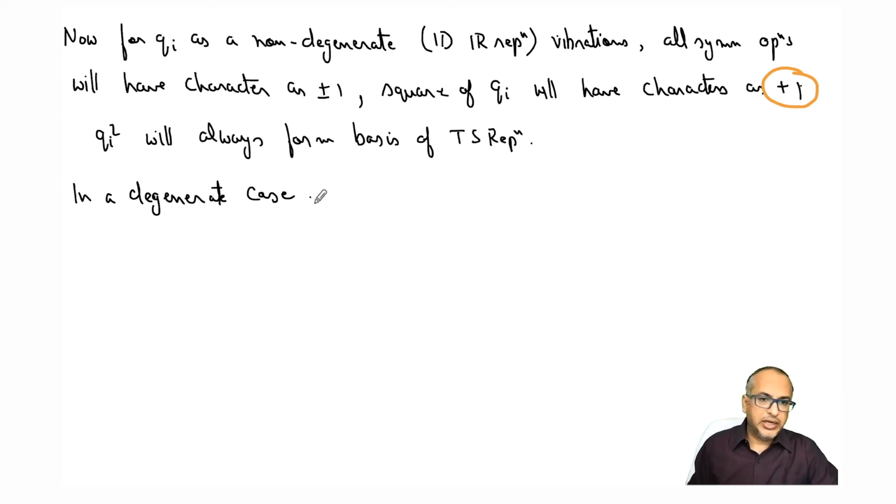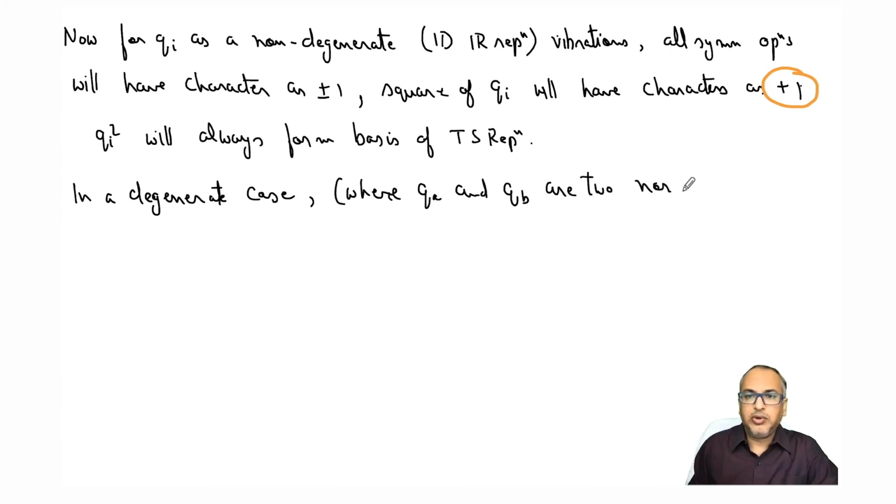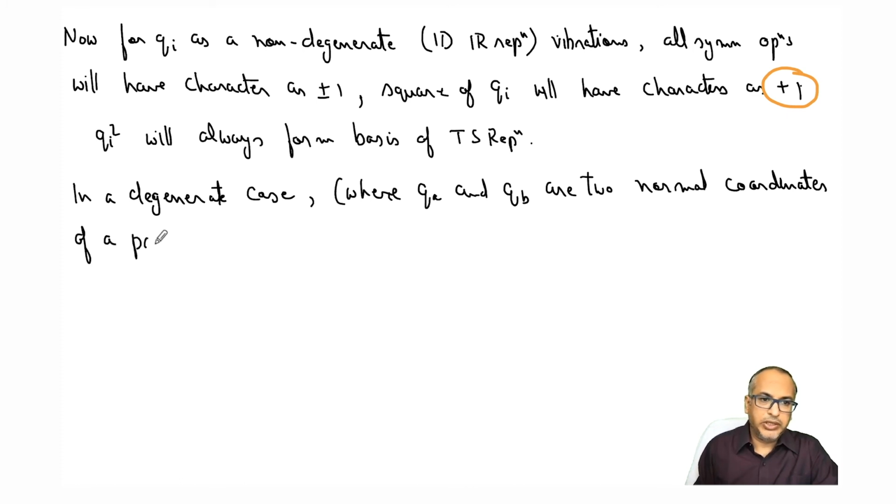So in a degenerate case where QA and QB, let's say there are two Q values for the corresponding degenerate case, are two normal coordinates of a pair of vibrations.